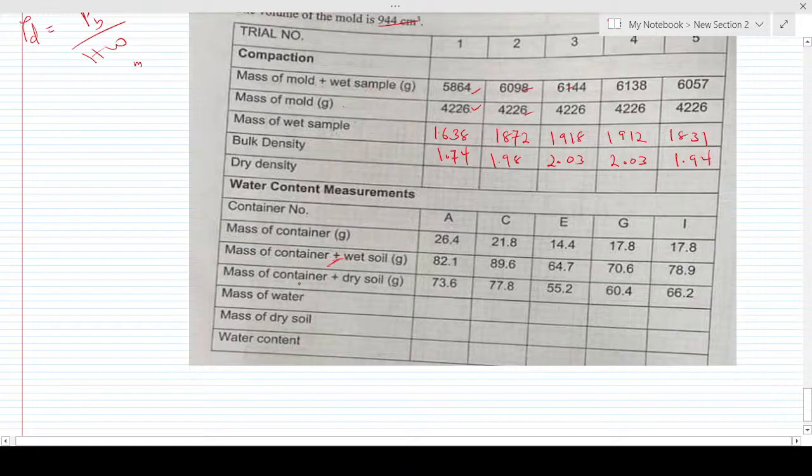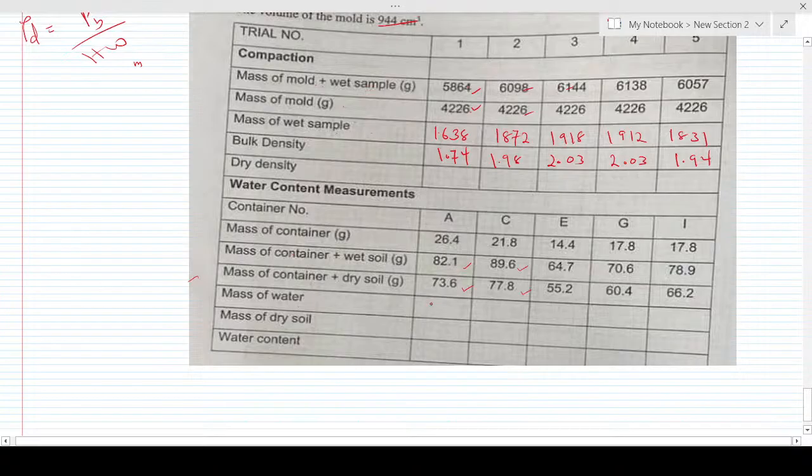So if I subtract mass of container plus dry soil from mass of container plus wet soil, I'm going to get the mass of the water, because this aspect is simply mass of container plus dry soil plus water, right? So I'm just going to subtract the two to get my mass of water. So this aspect here for container 1, the mass of water is simply going to be 82.1 minus 73.6, 89.6 minus 77.8.